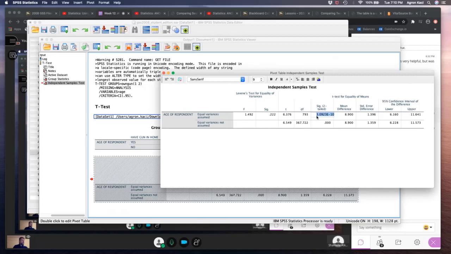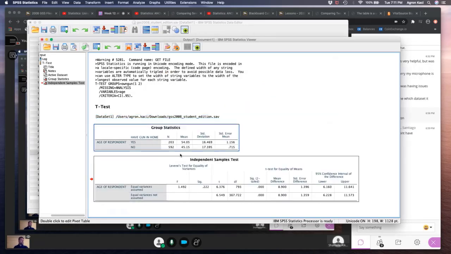There are 10 numbers that have to go behind the decimal point, 0.0000000030923. That's so small that you can confidently reject the null hypothesis that there is no significant difference. And you can conclude that you have sufficient evidence to accept the alternative hypothesis that there is a significant difference in age between those who have a gun and those who don't. With those who have a gun, n equals 203.